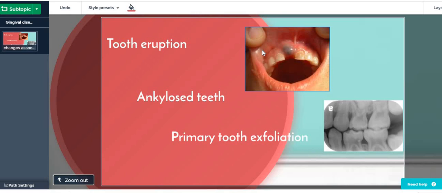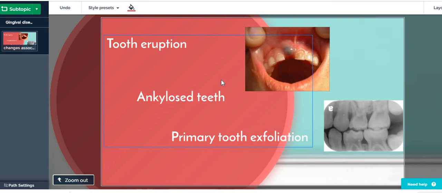During the process of exfoliation, teeth may change position, possibly leading to change in the occlusion, because there's continuous movement. So there may be a change in the periodontal ligament, stretching, and there's bone remodeling.